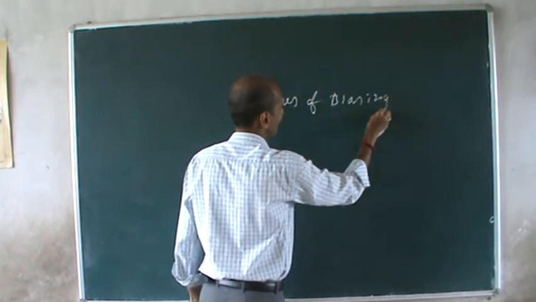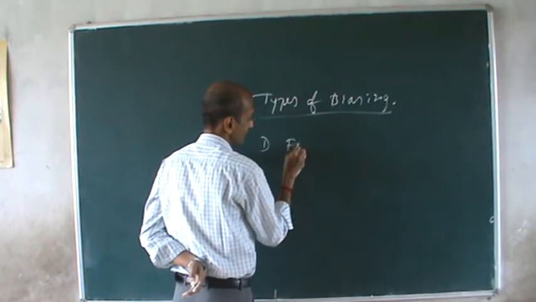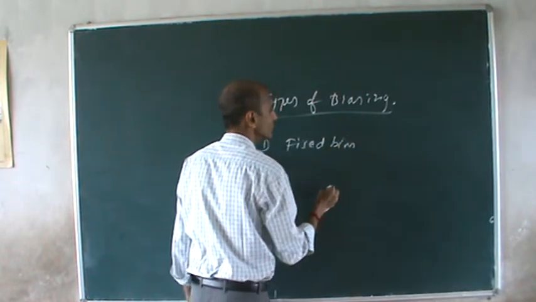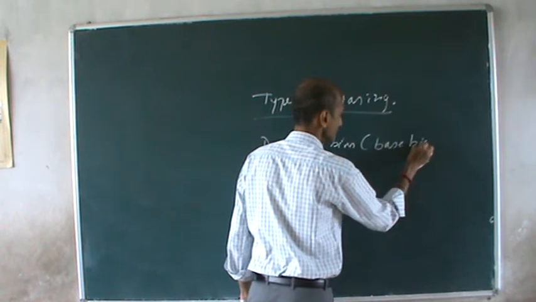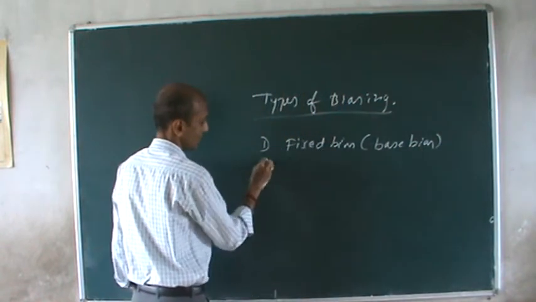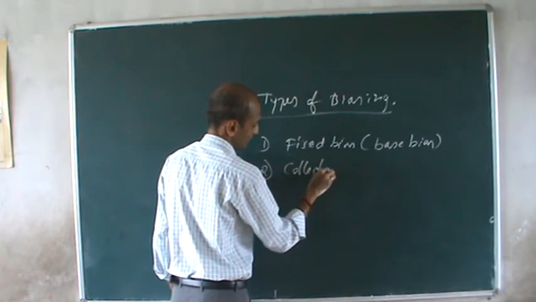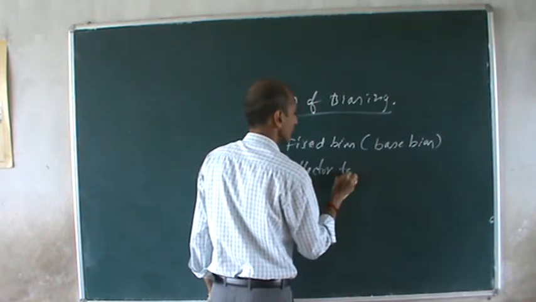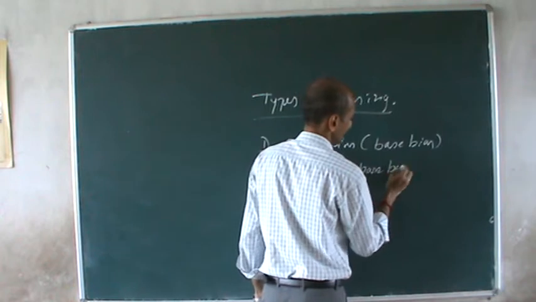Types of biasing: we have fixed bias, which is also called base bias. Second, we have collector-to-base bias, or feedback bias.